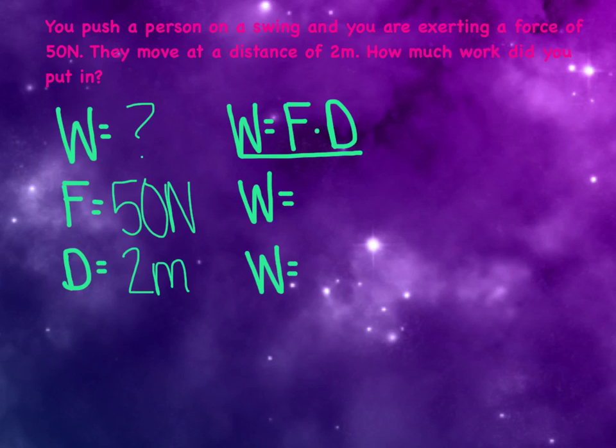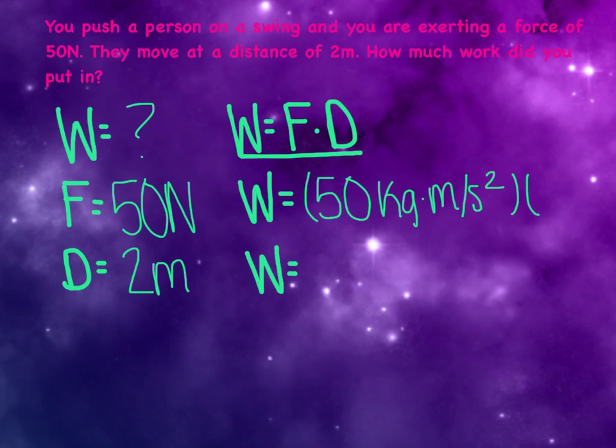Okay, so just like in the last problem, you want to put the simplified unit for newtons. So that's kilograms times meters per second squared. Put that in parentheses, and then you want to put your distance next to it. Okay, so if you want to figure out the number, that's 50 times 2, which is obviously 100.